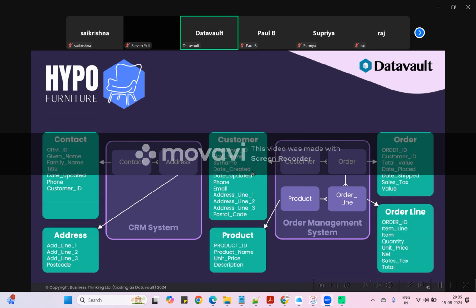And these tables have typical schemas. They've got various spellings of similar concepts, and are typical of what you'd see in a source system. So we've got contact and address in CRM, and customers, orders, lines, and products in the order management system.